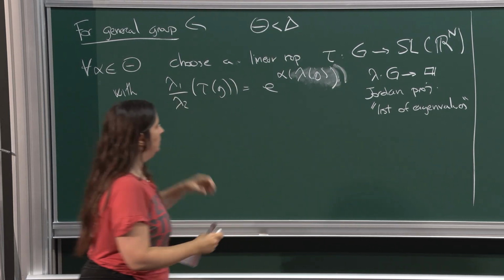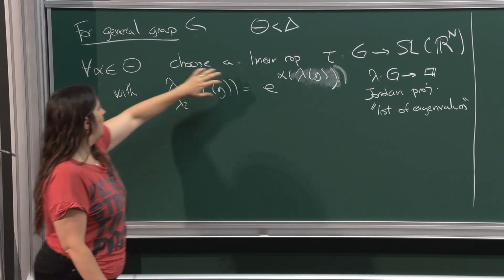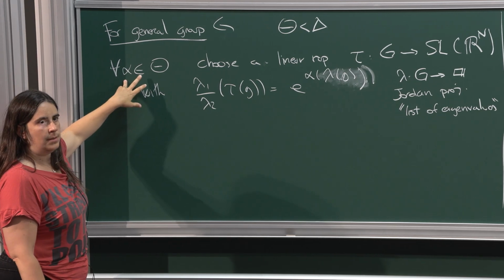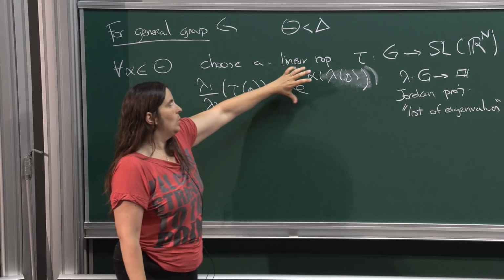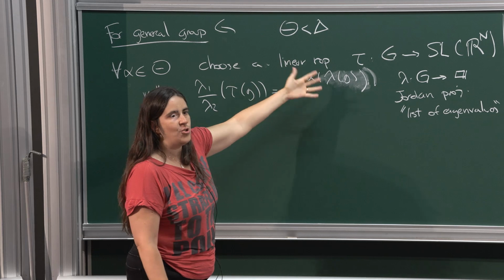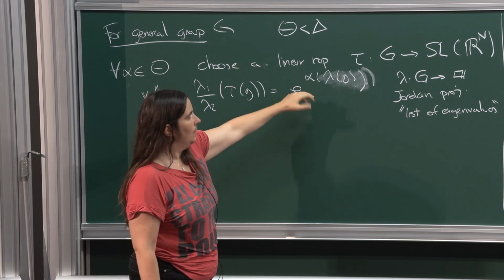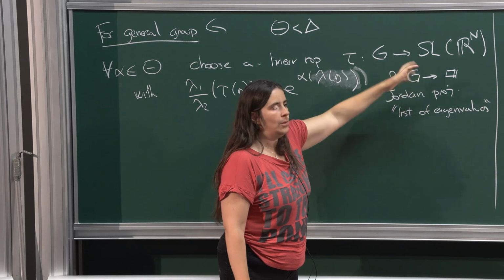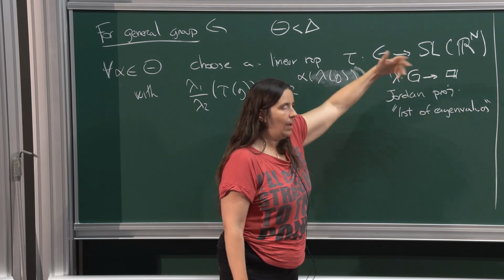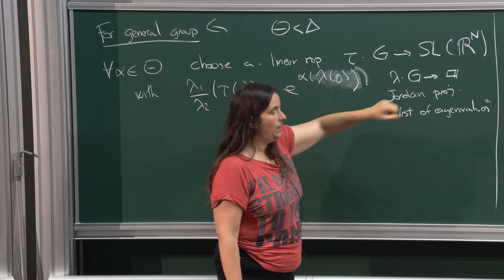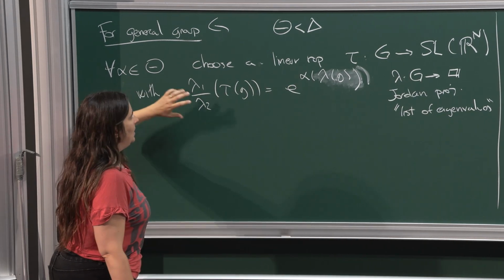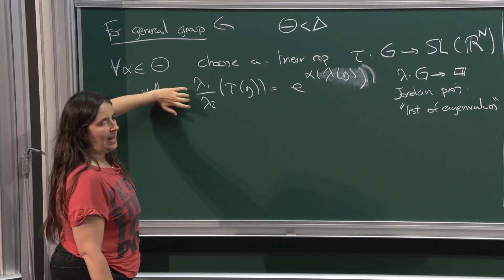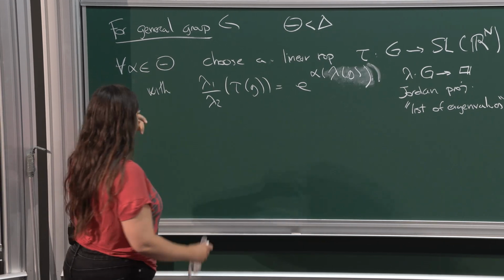The point is that e to the root was giving me some rational function of the eigenvalues. This is an invariant on G, invariant up to conjugation, of G acting on itself by conjugation. And I want this to be read by the first eigenvalue gap in the image.